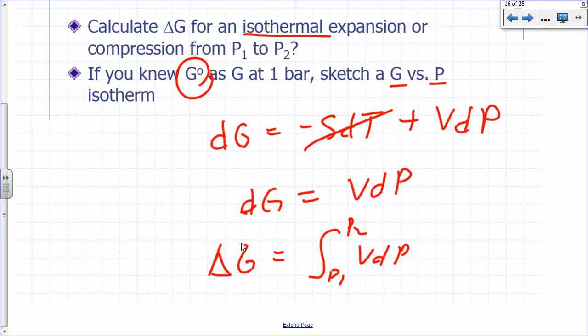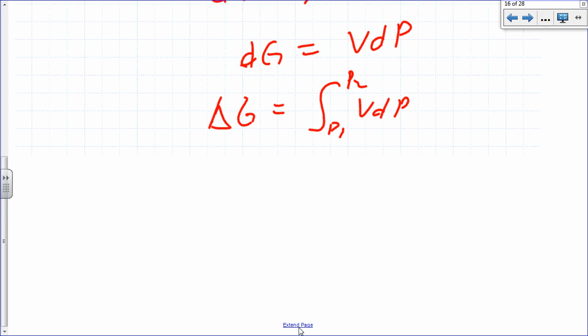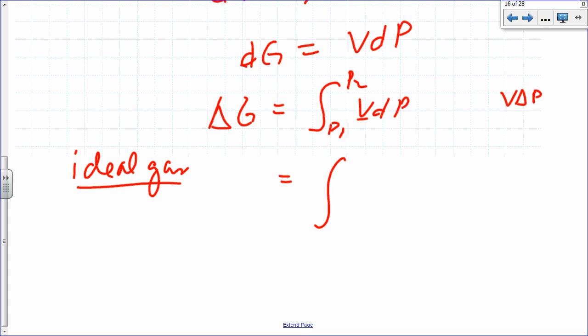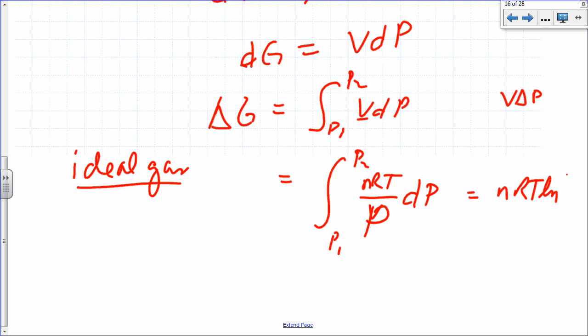Remember earlier we said that it was just V delta P for a solid or a liquid because you can factor out the V. For an ideal gas, you won't be able to do that. So volume will just be nRT over P, dP from P1 to P2, right? So that's just going to be equal to nRT ln P2 over P1.